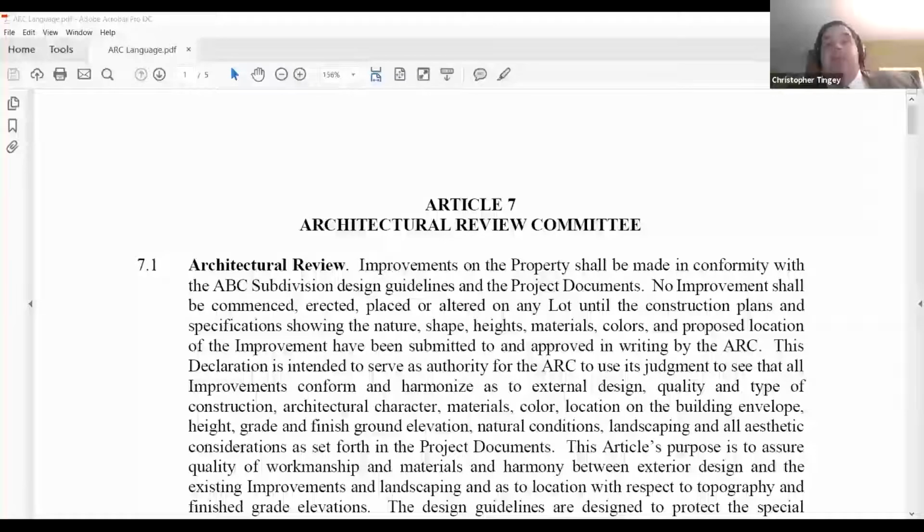Now, most sets of documents say, and I've skipped down in this language, something like, the ARC shall consider and shall look at it. And here you see the ARC has the power to hire an architect to assist. And then you can set fees if you need to in detailed plans.